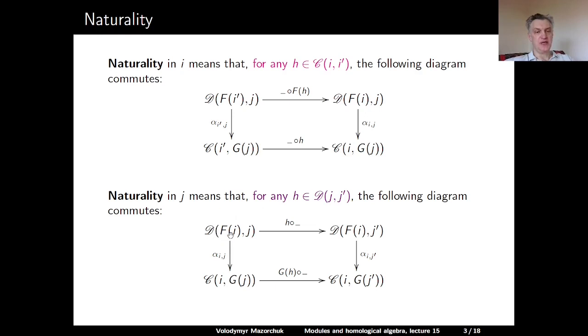Now we start from Hom_D(F(I), J), and from here we can use our alpha_{I,J} to go to Hom_C(I, G(J)), or we can use the postcomposition with h to go to Hom_D(F(I), J'). From there, we can use alpha to go to Hom_C(I, G(J')), and to the same set we can come from Hom_C(I, G(J)) by using the postcomposition with G(h). So the two paths in this diagram should coincide, and this means naturality in J.